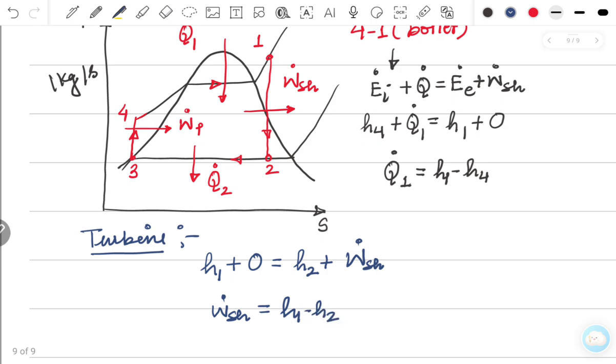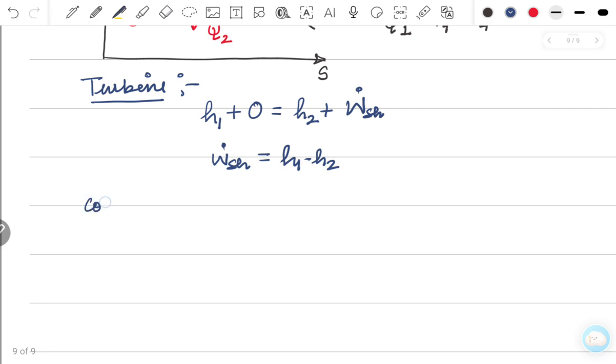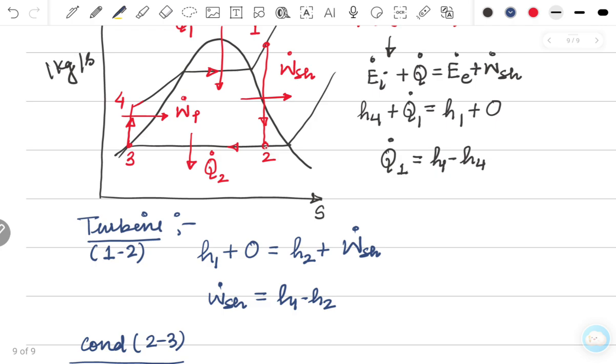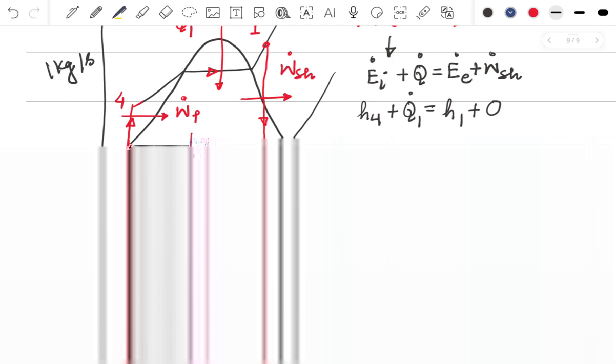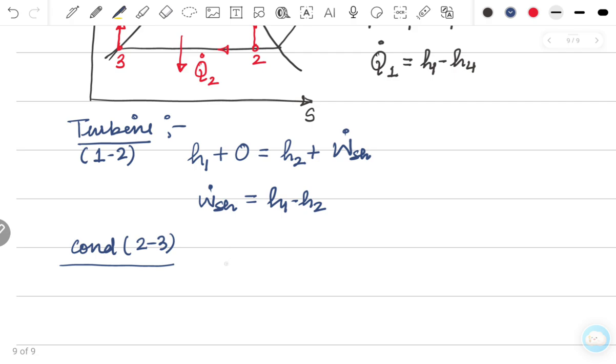Okay, now comes the condenser, that is process 2 to 3. The turbine was process 1 to 2. So inside the condenser, the steam enters at point 2, low pressure steam, then heat loss happens and we get saturated liquid. So energy entering, that is H2, as we are writing everything per unit mass, plus the heat transfer, but this is a heat loss, so it is minus Q2 dot, is equal to the energy at point 3 exiting, that is H3.